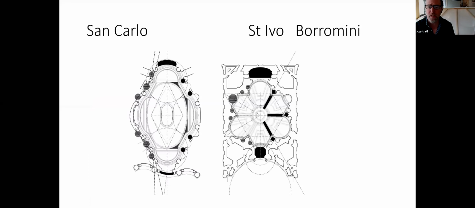So we've seen Baroque. I just want to quickly show this to you because it's interesting the way architecture changes its paradigm every several centuries. We've seen the very ornate, complex geometry using ellipses and triangles and curves in both these really wonderful Baroque churches, San Carlo and St. Ivo, both in Rome, designed by Borromini.